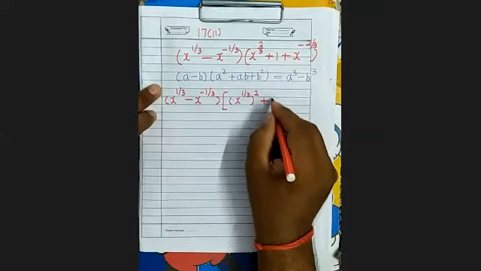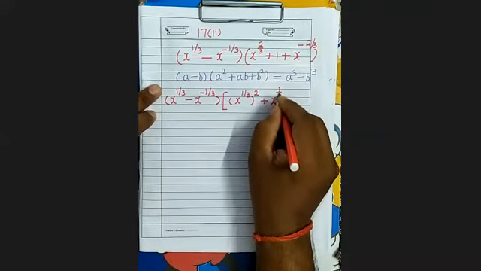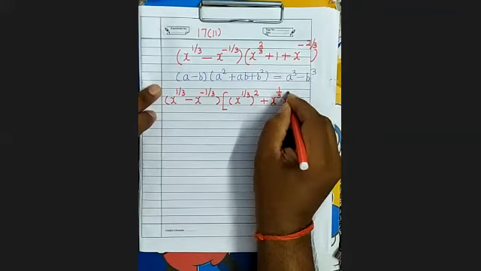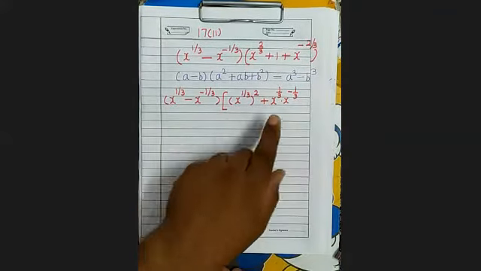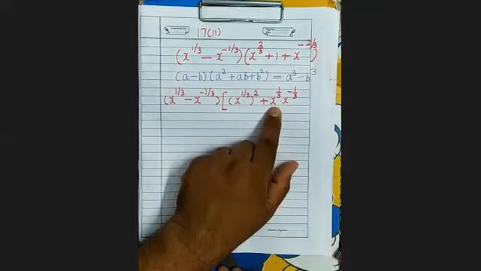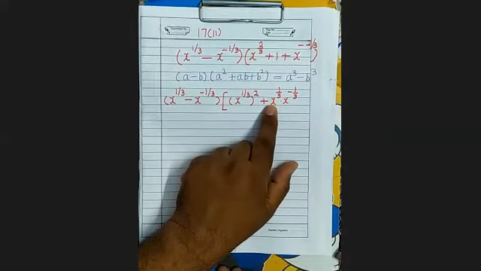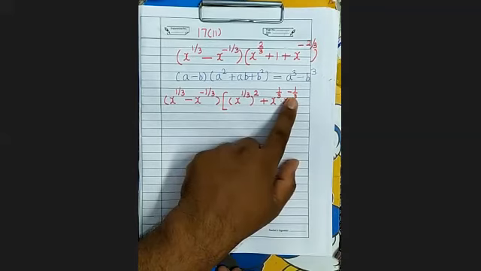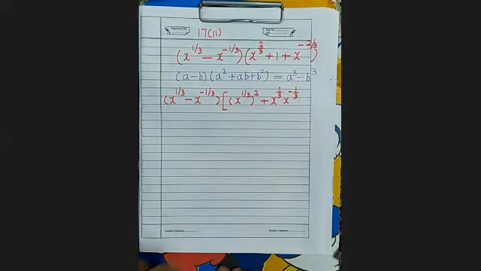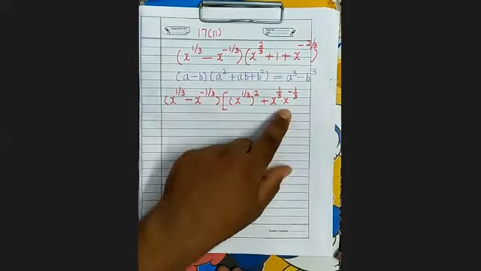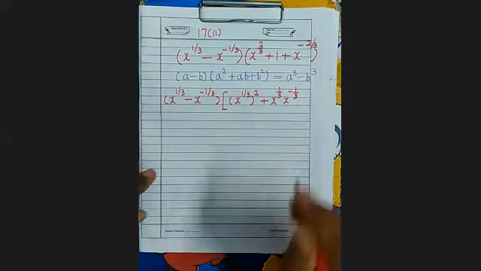This one we can write as x to the power 1 by 3 into x to the power minus 1 by 3. If you simplify, bases are the same, therefore powers will be added. Their addition will become 0. x to the power 0 equals 1. Therefore, in place of 1, we have written this.